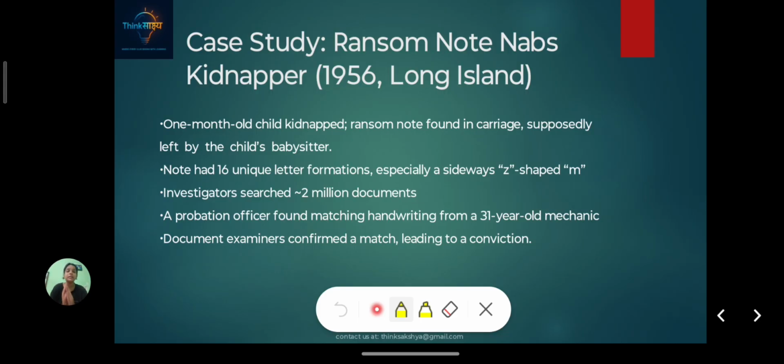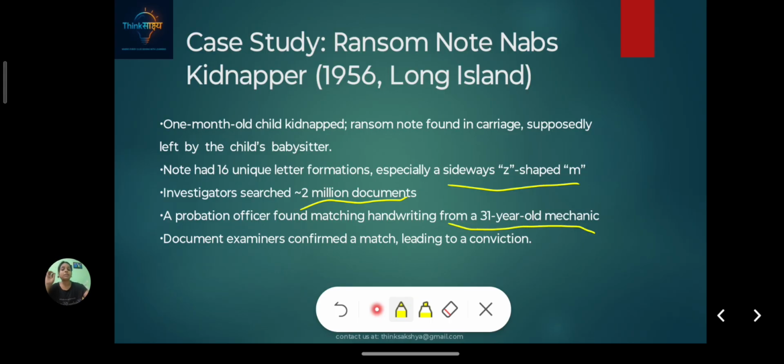It was supposed that it was written and left by the child's babysitter, and that particular note contained 16 letter formations. In these, a very distinct feature was noticed: whenever he wrote M, it looked like a sideways Z. This was noticed by the investigators. After this, the investigators searched 2 million documents from the databases, and a probation officer found that the matching handwriting was from a 31-year-old mechanic.